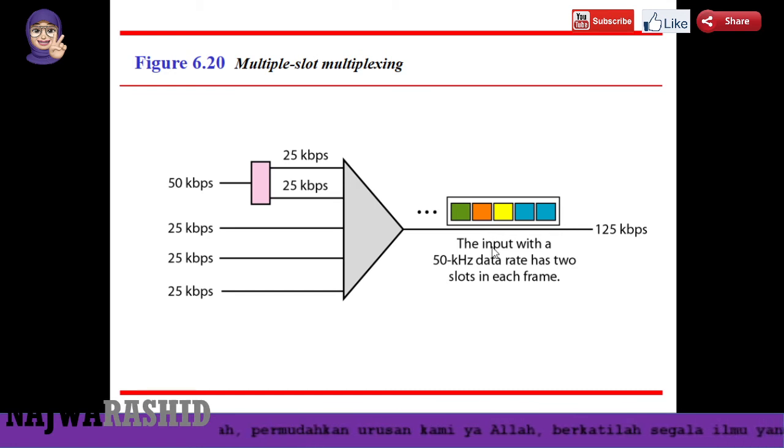So the input with a 50 kilobit per second data rate has 2 slots in each frame. That is multiple slot. Instead of only putting 1, 2, 3, 4, now we create another slot. So we have 1, 2, 3, 4, 5 in our frame.